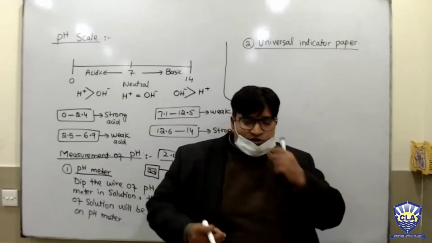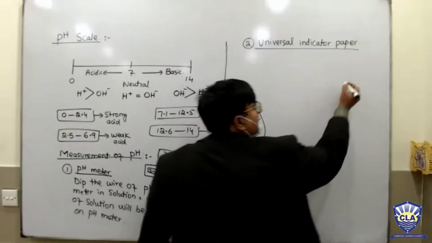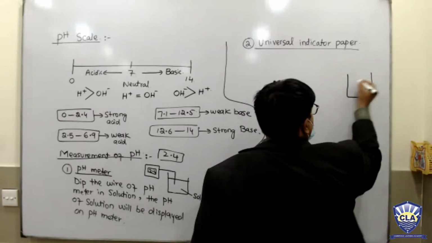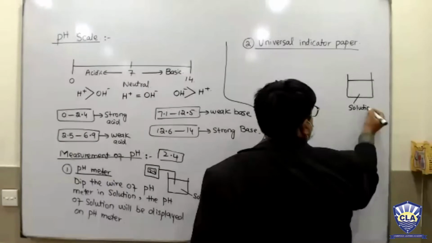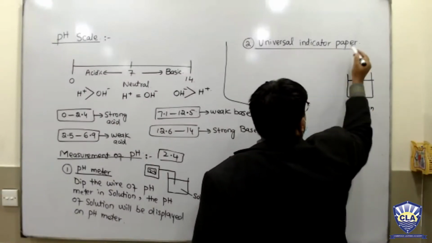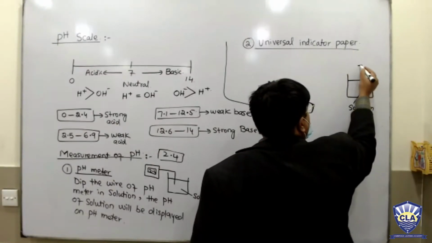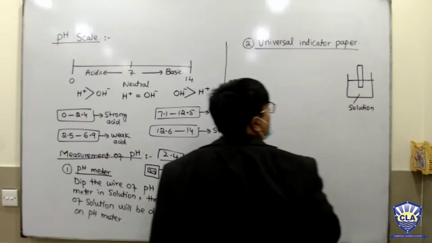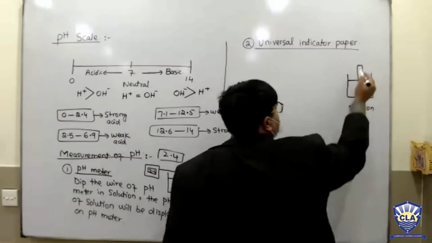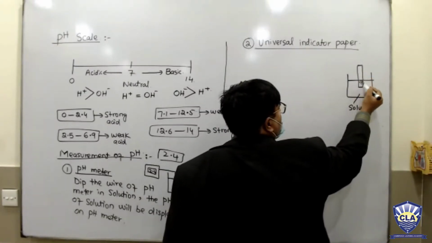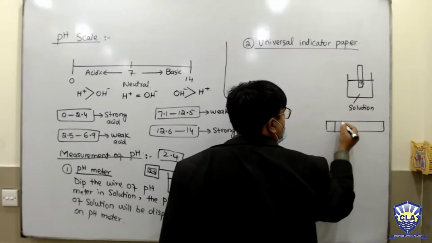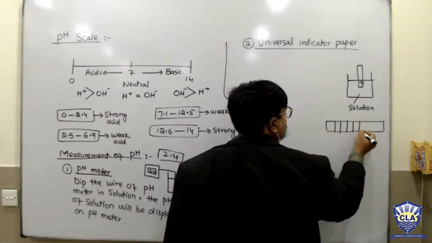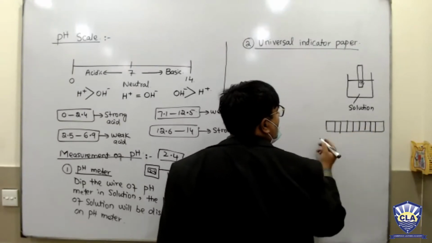Okay. So what should you do if you want to find out the pH of any solution? Take that solution. Okay. So this is actually a paper. So dip the paper in that solution. Okay. So this paper would become colored. Now you have got a range of coloring chart up here.